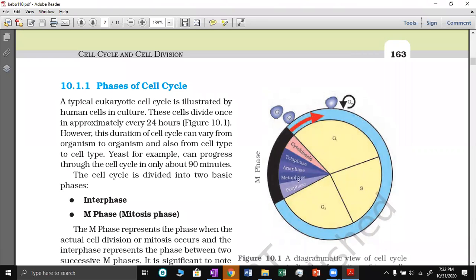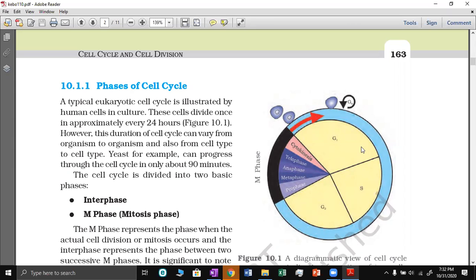This diagram here is written as diagrammatic view of a cell cycle. All of this has been shown by a graph, making a circle.